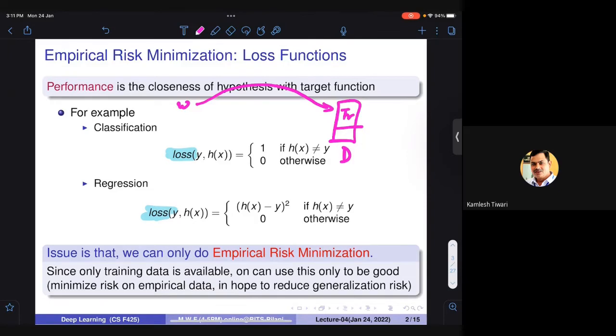Would you like to change it in any way if it is not going to improve the accuracy on your training data? Because in the theoretical world, the testing part is not available to you, only the training part is available. If you have come up with a parameter that is very much suited to your training data, are you going to change it?